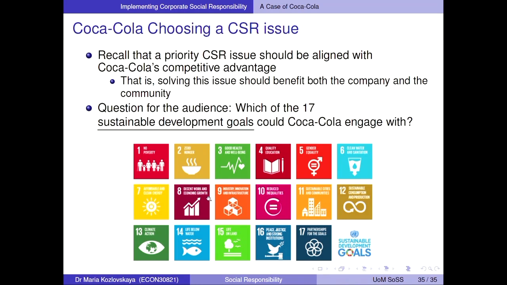You might have heard about Sustainable Development Goals, the big problems which we, the world population, need to overcome. So just looking at these pictures, which one did you think Coca-Cola chose to engage with, which has to do with their competitive advantage? Just judging by the picture, which one do you think goes best with Coca-Cola?